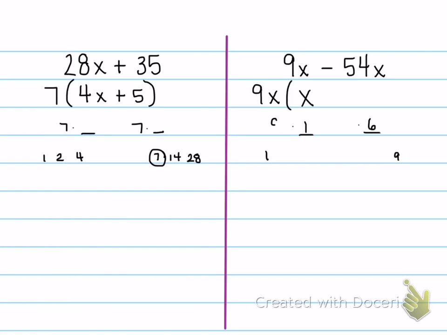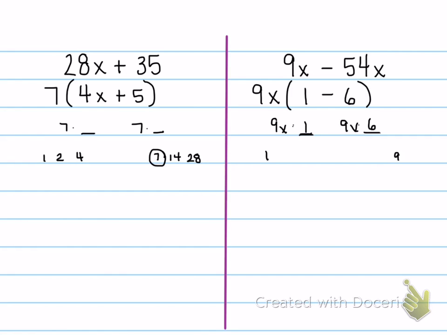And I know it's 9x times what gives me the 9x? So it's not x anymore. The expression is actually 1. 9x times 1 is 9x. And 9x times what is 54x? And that is 6.